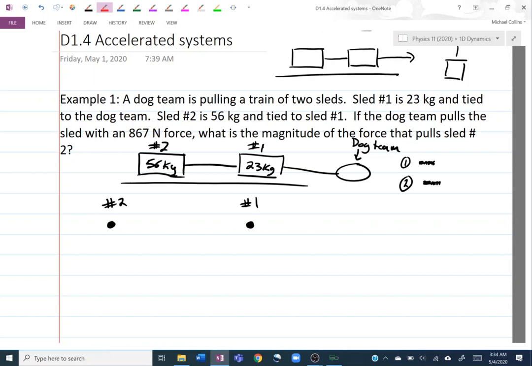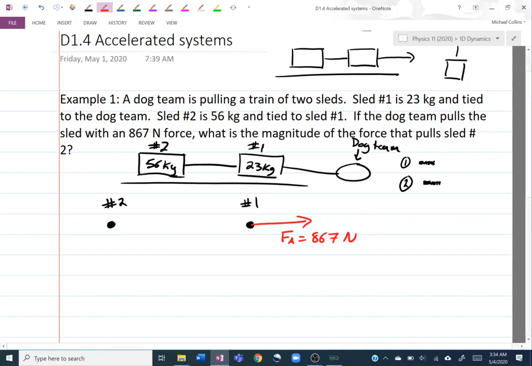The dog team pulls this first sled with an 867 Newton force, and I'm going to write that as FA equals 867 newtons. It turns out that our system doesn't include the dog team. All we have for our system is these two objects that are being pulled. Our dog team just helps us imagine what type of system this is in reality.